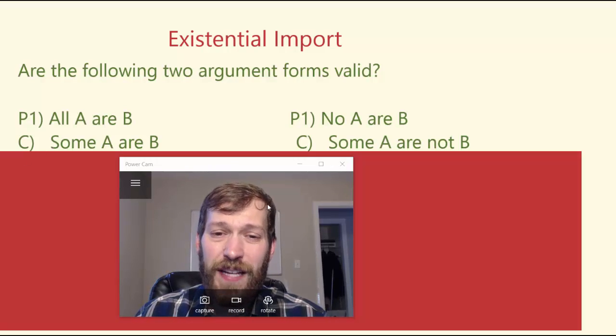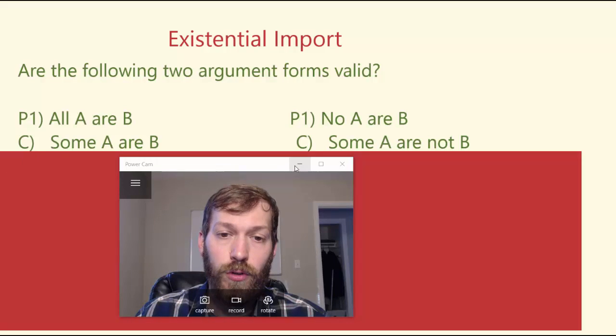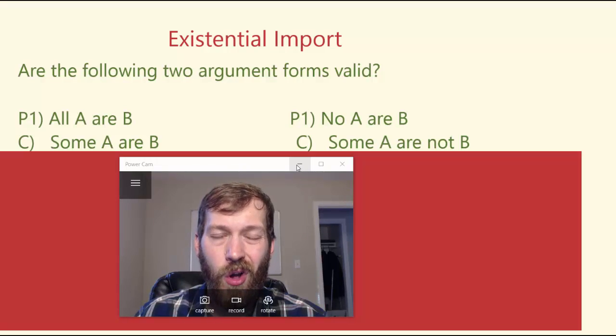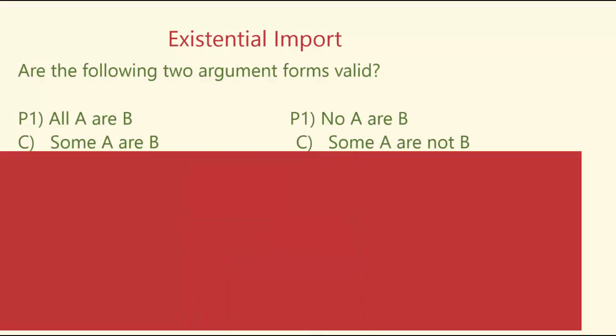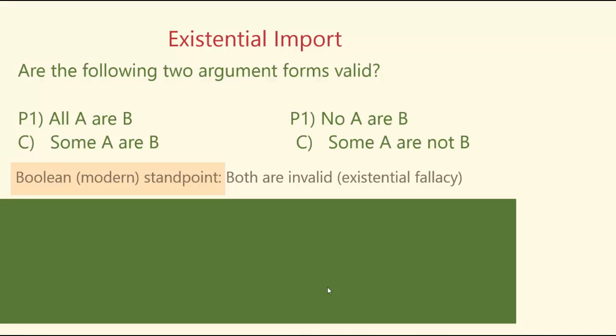Okay, so it turns out this is a little bit of a trick question, because whether the argument is valid or invalid depends on the interpretation that you take, the standpoint that you take. If we take the Boolean or modern standpoint, then both of these arguments are invalid and they commit what's called the existential fallacy.